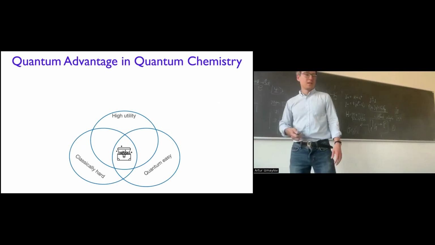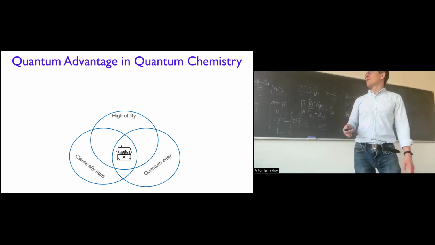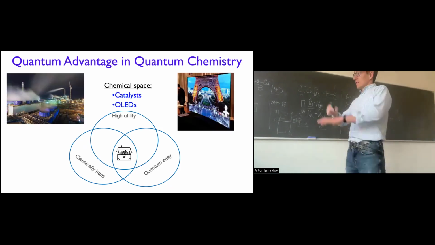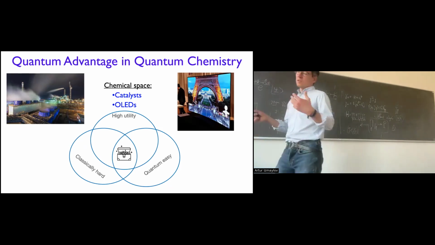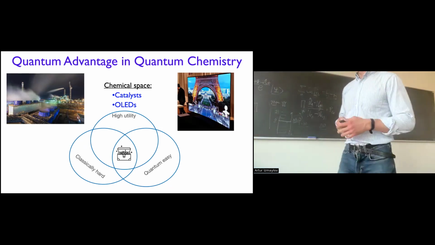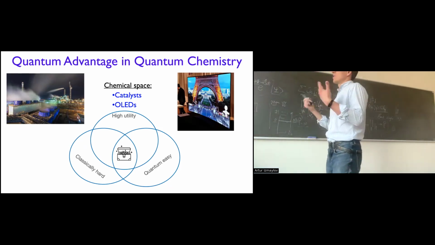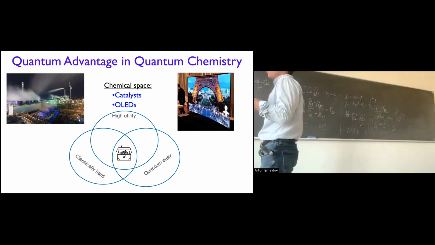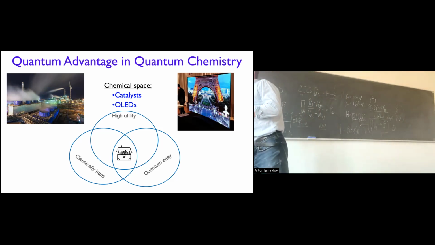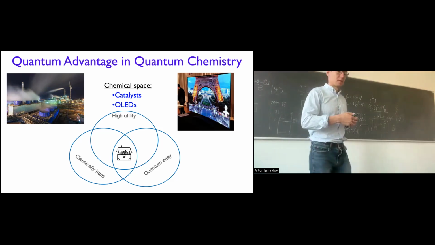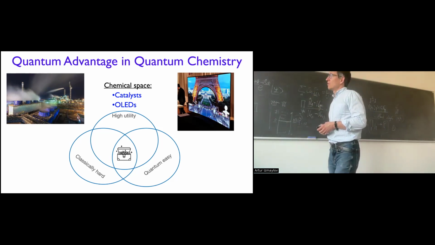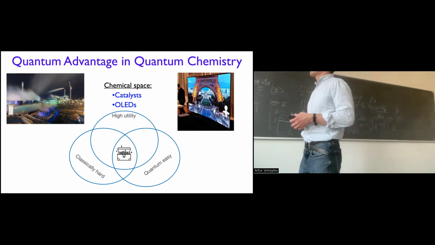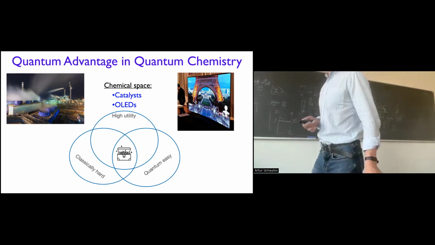Ideally, what we want is some sort of intersection of three areas. High utility, that's what the business wants. If you want to produce some economic impact, we want to develop the compounds that go into TVs or catalysts for the production of ammonia, right?